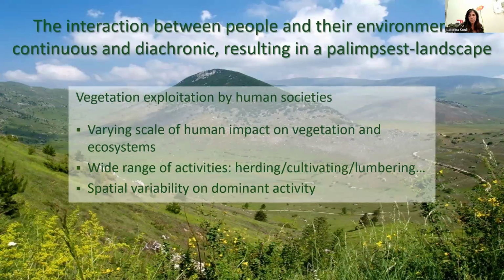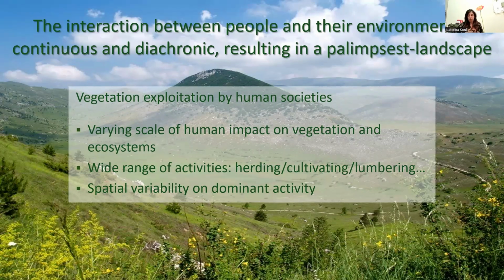So what we see today, what we see around us, is actually a palimpsest landscape. It is the result of the continuous and diachronic interaction between people and their environment. And in this perspective, vegetation has played a very crucial role, as vegetation was a resource that all human societies used.